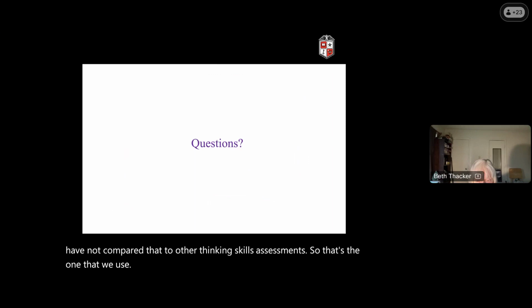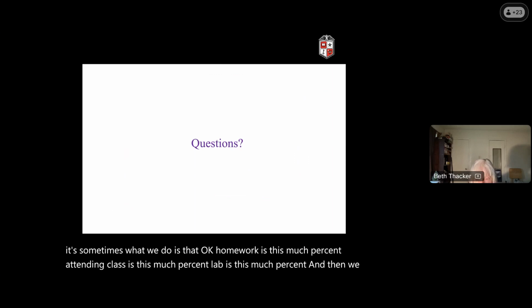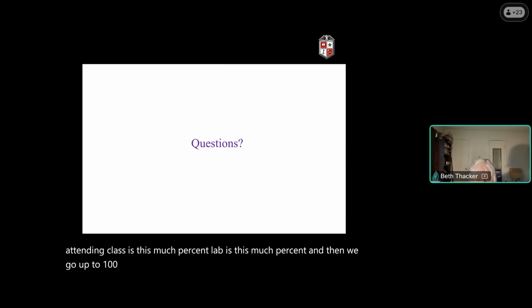Okay. Another quick question is about the grading system. Sometimes what we do is that homework is this much percent, attending class is this much percent, lab is this much percent, and then we go up to 100%. How is that divided in this course? In this course, homework is 25% because I think that's important.